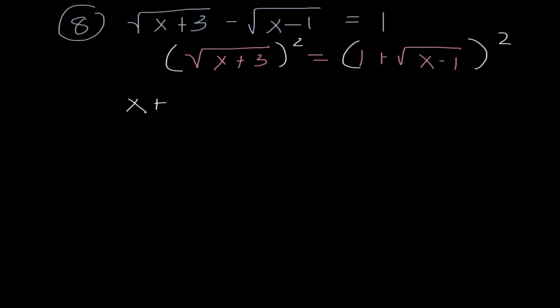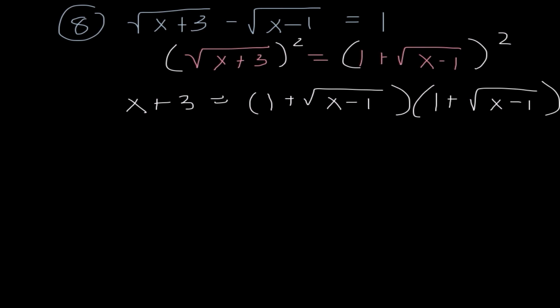So I get x plus 3 equals 1 plus square root of x minus 1 times 1 plus the square root of x minus 1. And it is much easier to FOIL with these binomials than if I had tried to FOIL this in the beginning.